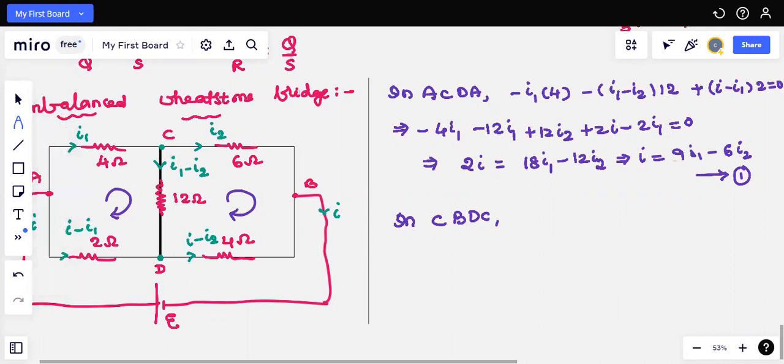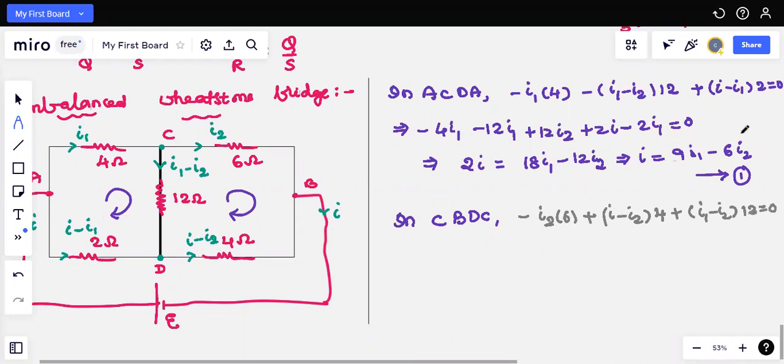Okay, so look anna, minus I2 into 6 is done. Here there is nothing, here it is the opposite direction. Opposite direction means plus I minus I2 into r, which is 4. Next again opposite direction, opposite direction means plus. Here the current is I1 minus I2 into the resistance 12, and all that is equal to 0.